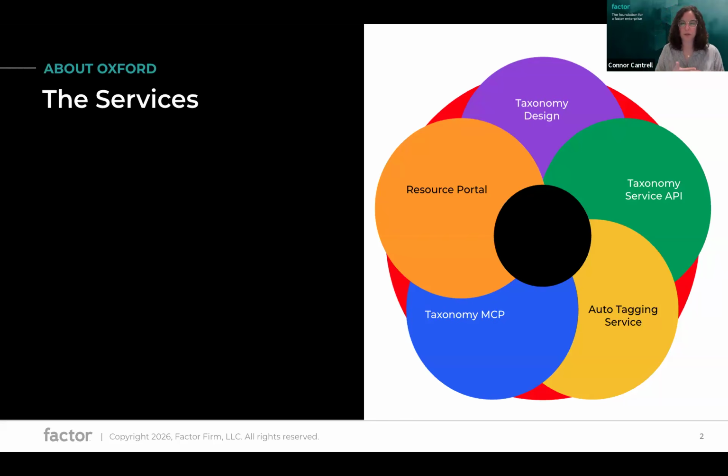You may hear me refer to it as Oxford or as TAS throughout the presentation. So what does Oxford do? Oxford supports Learn content on Creative Cloud products. Think Photoshop and Firefly, not AEM or Workfront.